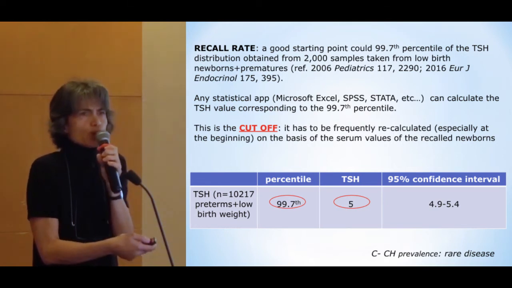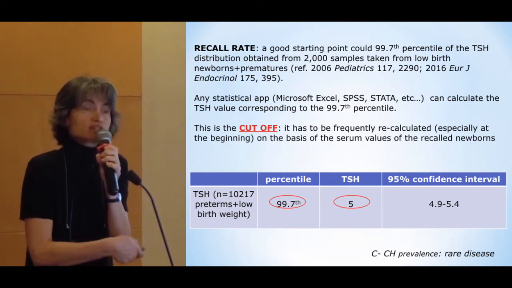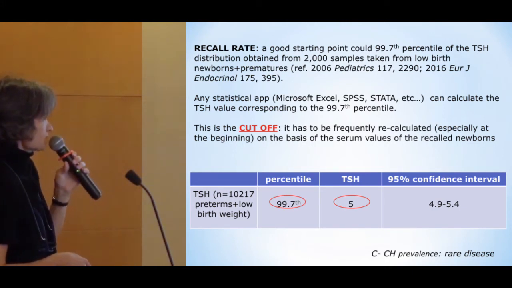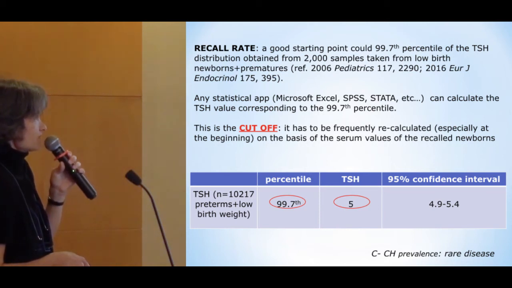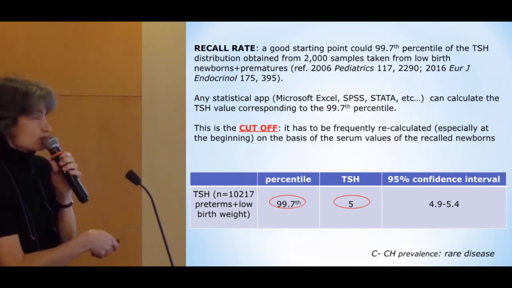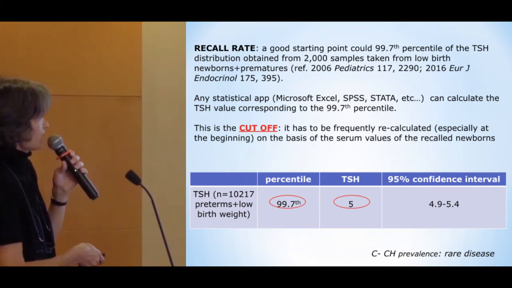But you can choose your own based on literature. You can get some suggestions from literature. And in my lab, I got a value of 5 as a cutoff for these samples taken at 2 weeks of life.